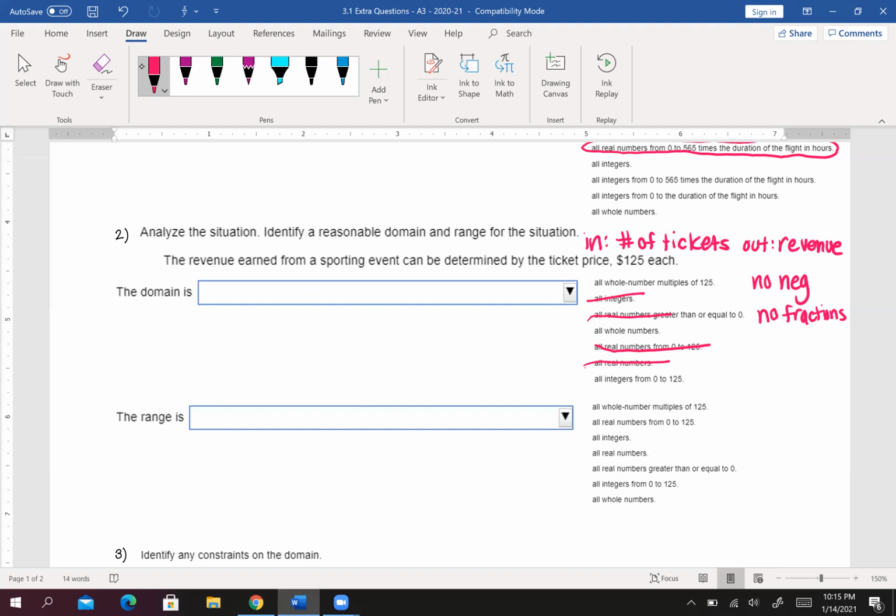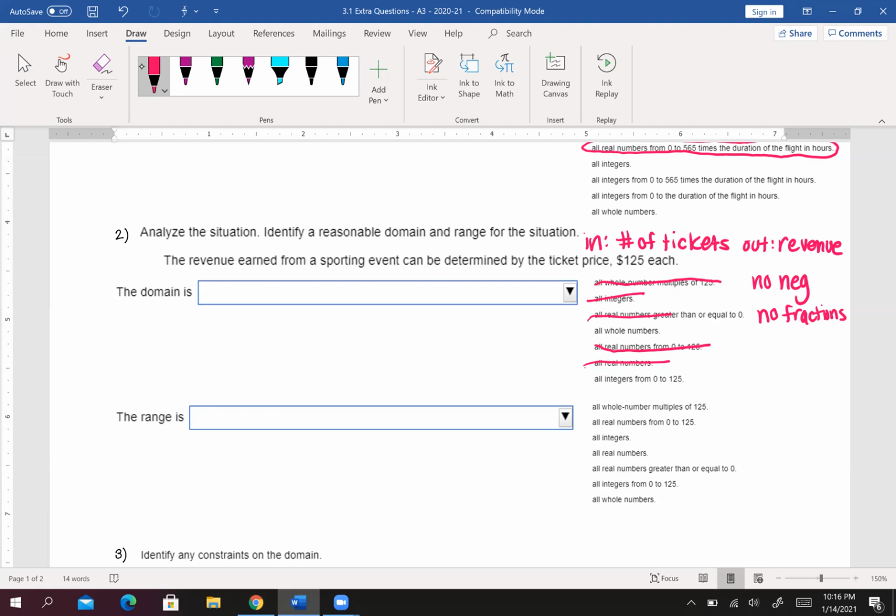And then we have 3 options left. Let's see. All whole number multiples of 125. We wouldn't be plugging in multiples of 125. That doesn't make sense. We're taking the input and multiplying it by 125, but we're not plugging in multiples of 125. I'm thinking all whole numbers is probably a good option.